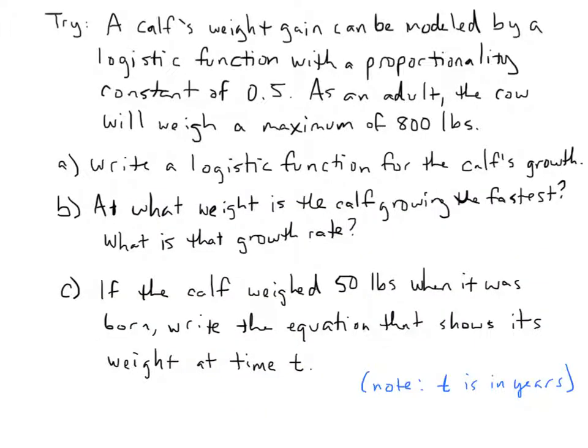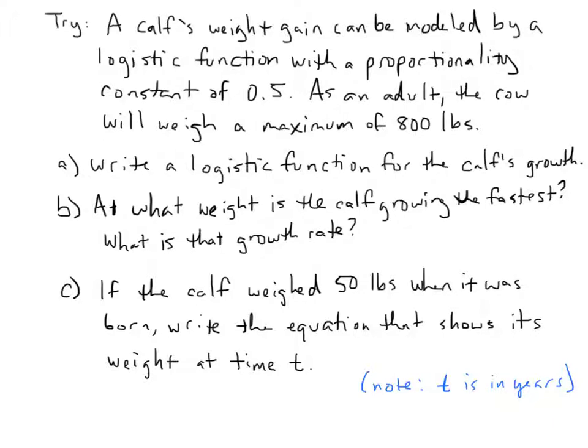Alright, here's one for you to try. A calf is gaining weight, and it can be modeled by a logistic function with a proportionality constant of 0.5. So proportionality constant is another way to say k. As an adult, the cow will weigh a maximum of 800 pounds. So they told me it's a logistic function, and then they gave me k and my carrying capacity, or my maximum population, if you want to think about it that way.